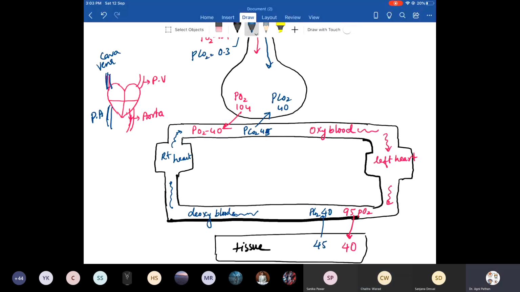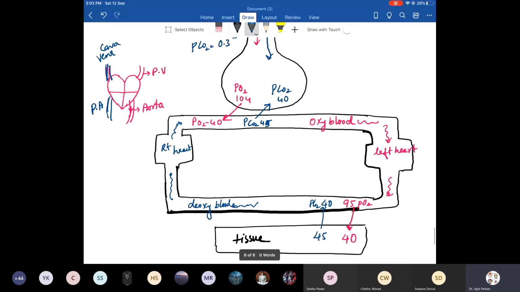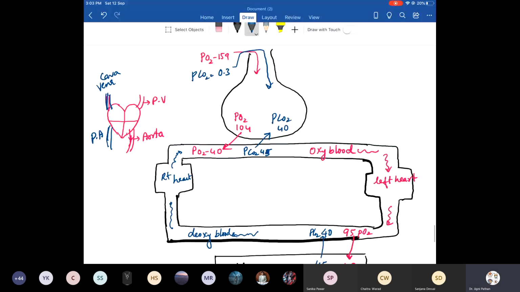Okay. So now listen. Everybody done, right? Now listen. This is alveoli. This is blood circulation.